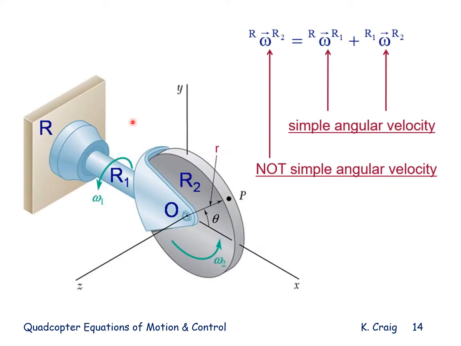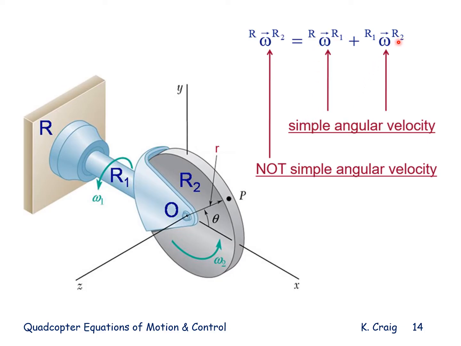Referring back to our example, where R2 is a disk rotating in the support R1, which rotates in the grounded reference frame R, the angular velocity of R2 in R equals the angular velocity of R1 in R plus the angular velocity of R2 in R1. The angular velocity of R1 in R is simple angular velocity.